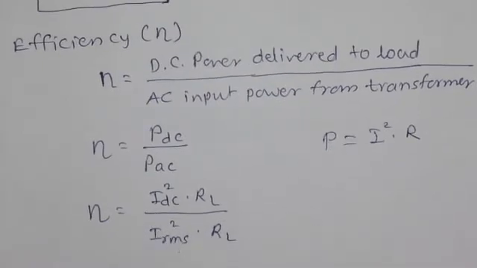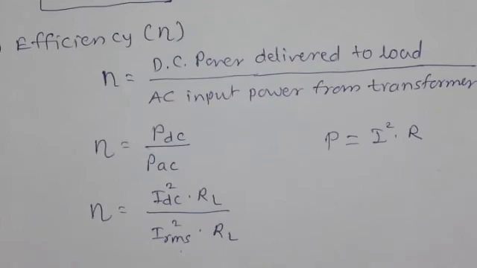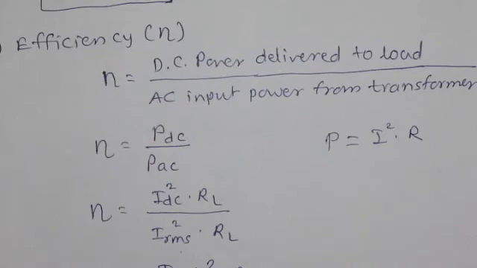By putting the values of IDC and IRMS from equations number 3 and 4, we calculate this quantity as (Im upon pi) whole square into RL, divided by (Im upon 2) whole square into RL.